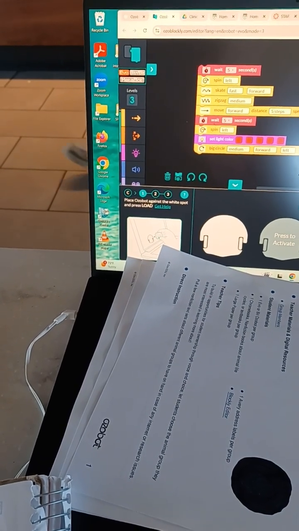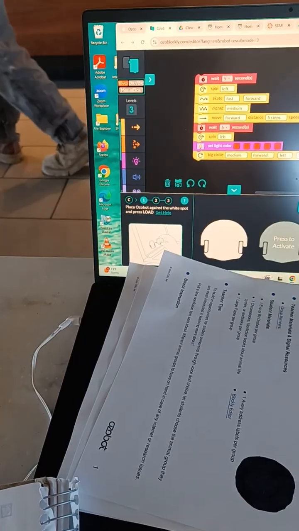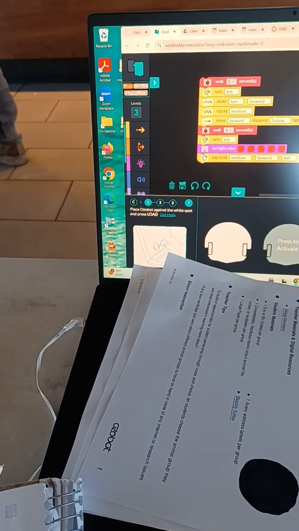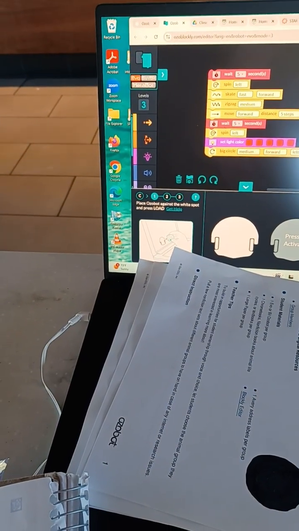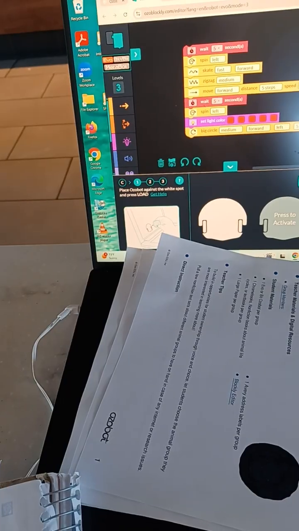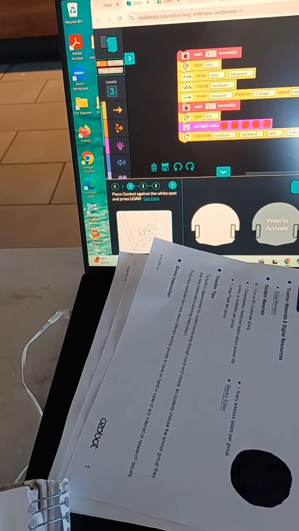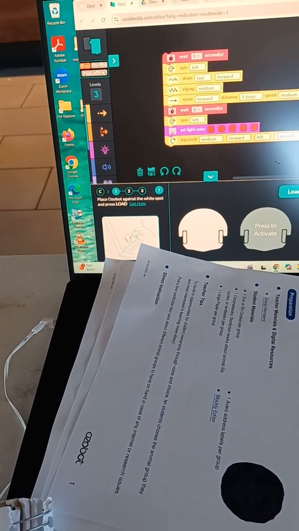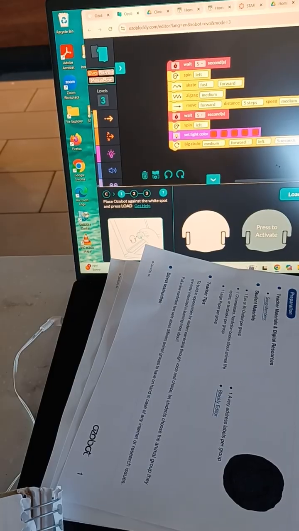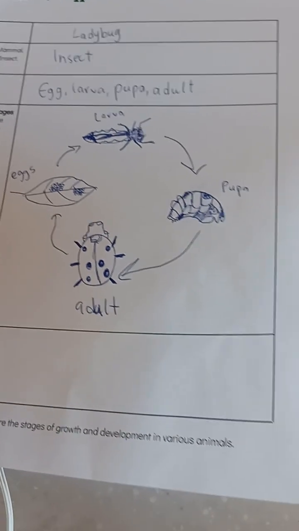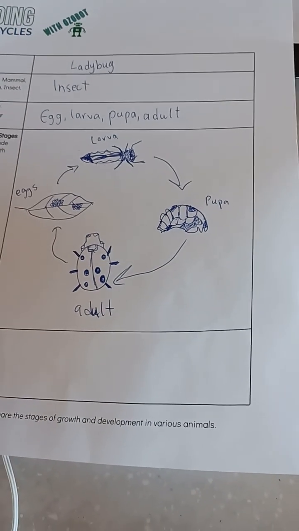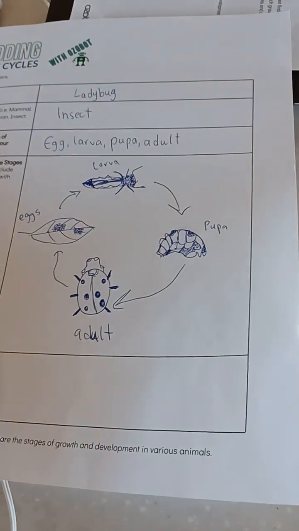So I could see that being hard for some students to use the internet, although probably most students, at least in my setting, could do it. I think drawing the animals in the different life cycles would be tough for some students. For sure, that would be tough.